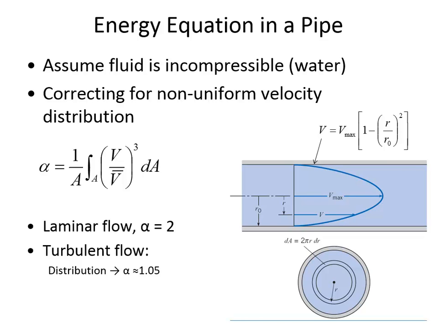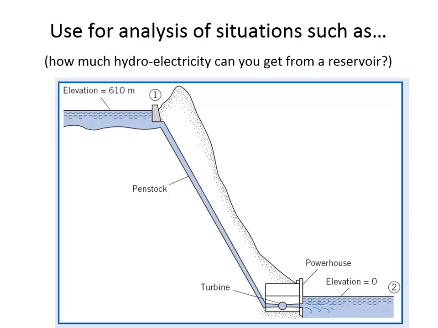Ultimately, if you integrate that for laminar flow, when you have a parabolic shape of the velocity profile, you'll get that alpha is 2. And you don't go through exactly the same process when conditions are turbulent, because remember, turbulent flow has a lot of irregularities in the velocity profile, and it's changing at any particular instant. But it's approximately 1.05 for any flow conditions that are turbulent.